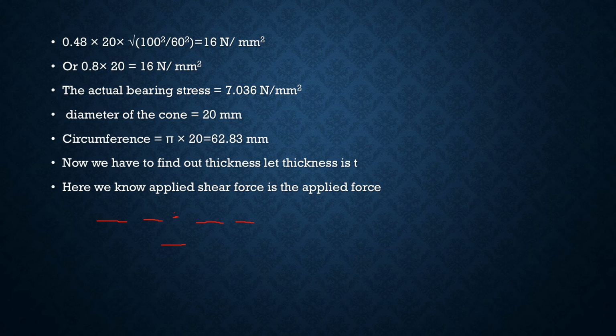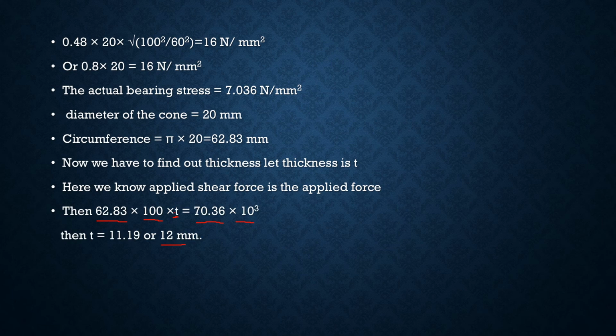So from this we have the equation: 62.83, the circumference of the cylindrical section of the cone, into t, the thickness, gives the circumference area, and with 100 as the shear stress, this is the force acting.